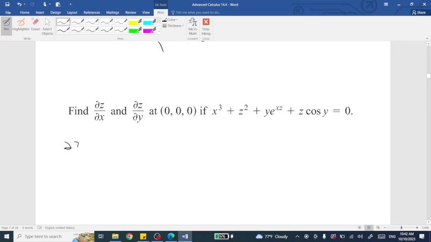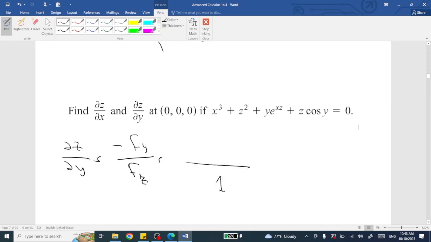Yalla, partial z by partial y is minus fy over fz. Derivative of y is 1, plus derivative of cosine y by y is equal to minus sine of y.